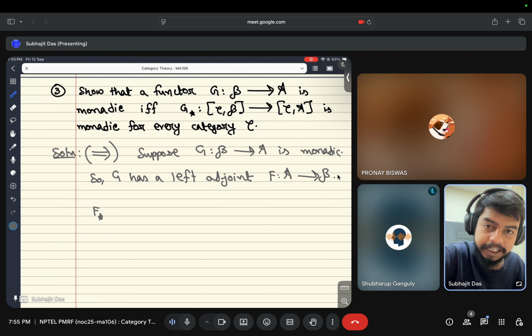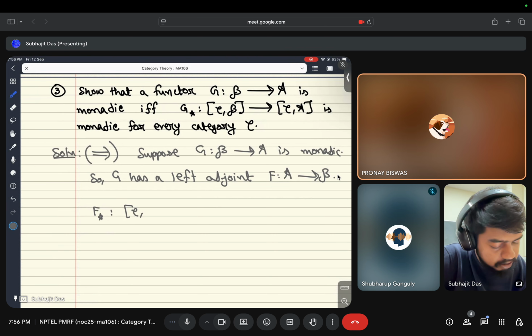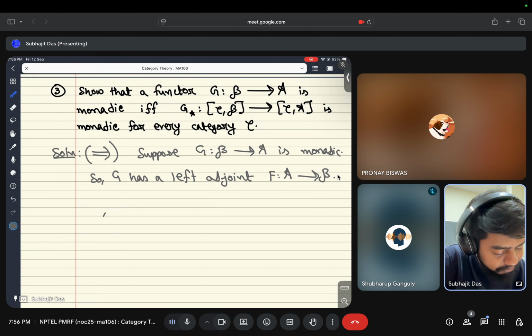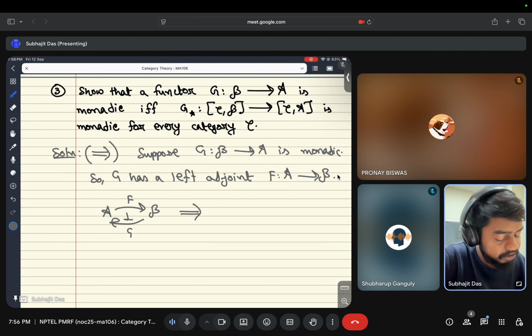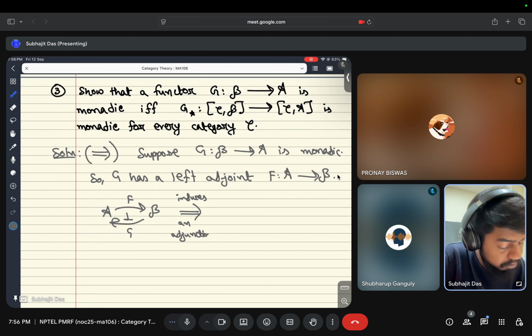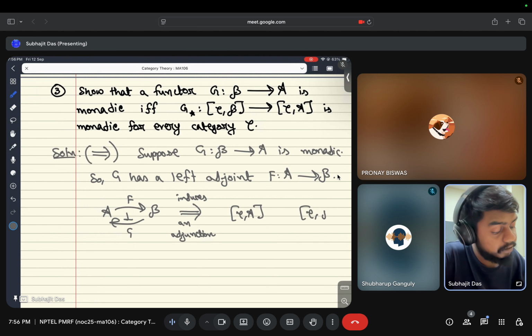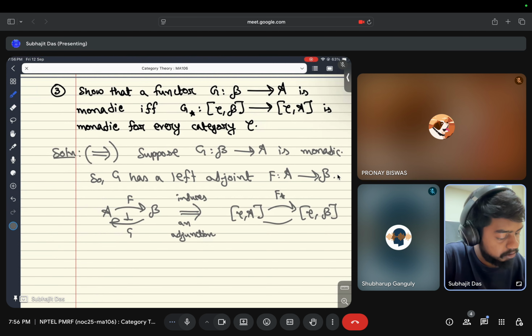So we already know what F star is, right? The point is that since you have an adjunction F, G, this induces an adjunction between C comma A and C comma B, F star and G star.